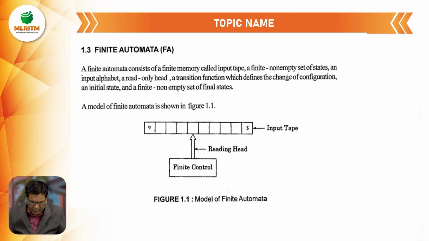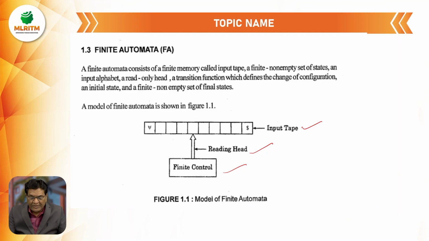In this video, the model of finite automata is given: an input tape, the reading head and the finite control. The input tape can be divided into a number of cells.